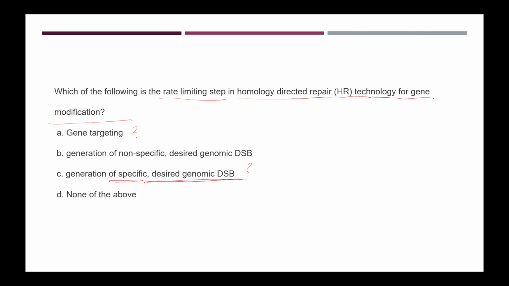Which would be the answer? Yeah, generation of a specific desired genomic double strand break. That is crucial and a rate limiting step. Good.